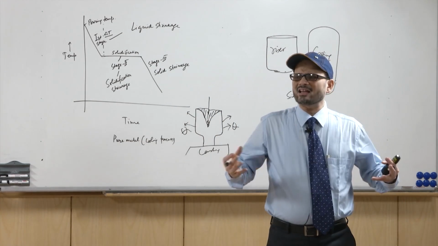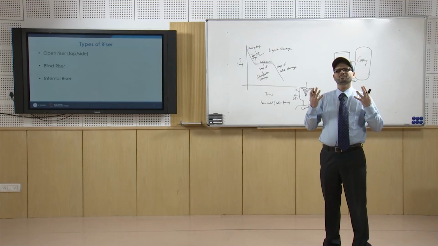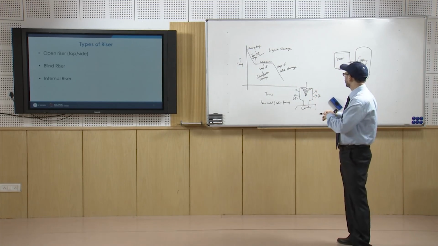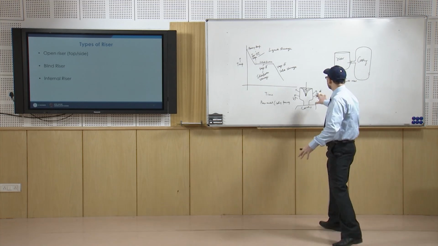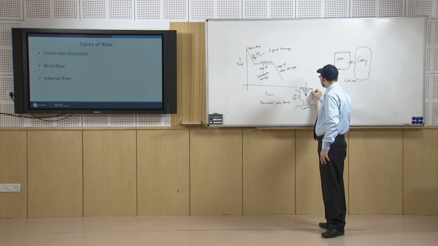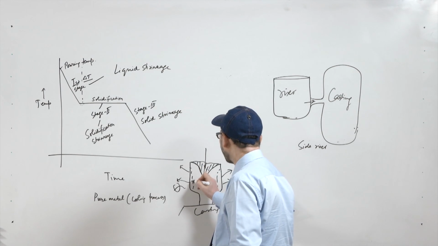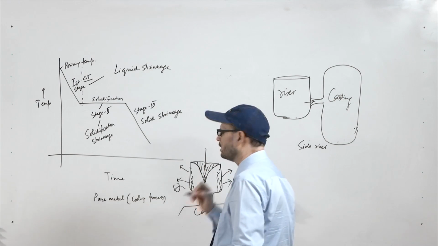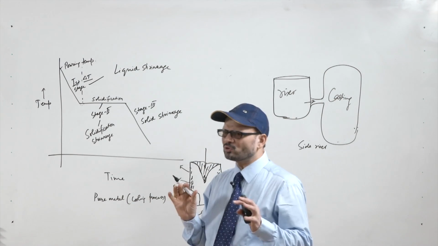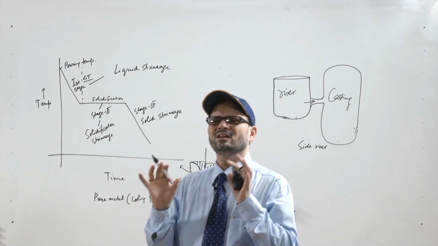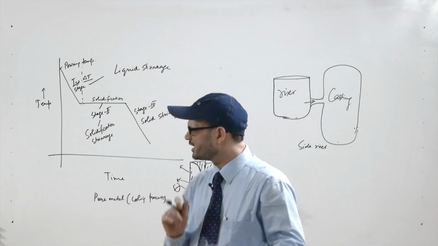So, it is like a casting which is on the surface or outside. It will lose its heat and its portions will solidify with time. So, only from the central portion can you feed to compensate for the shrinkage.